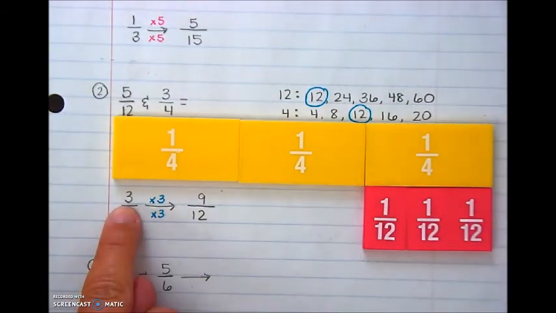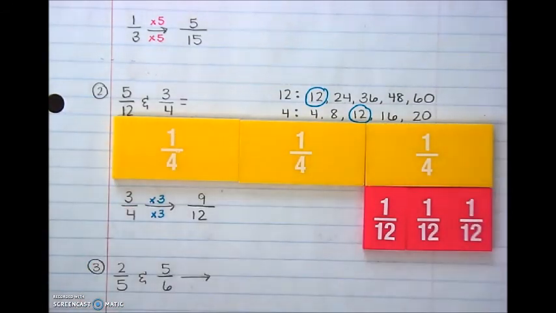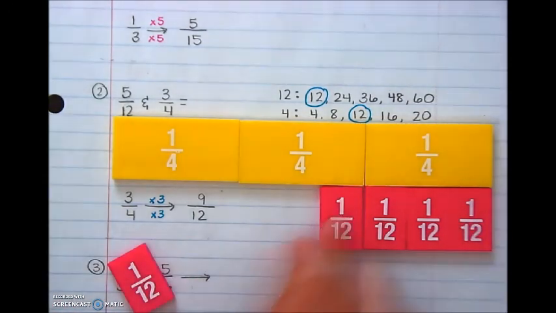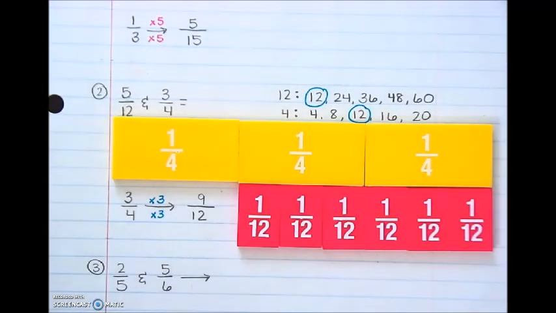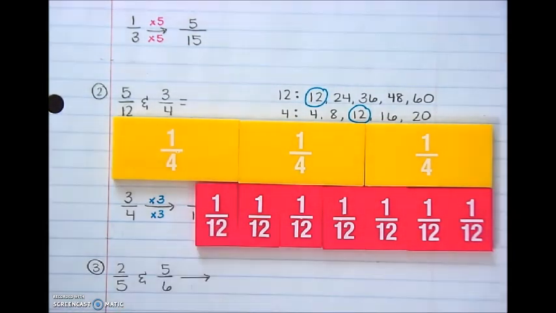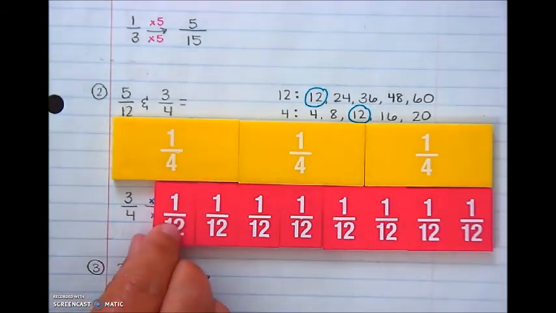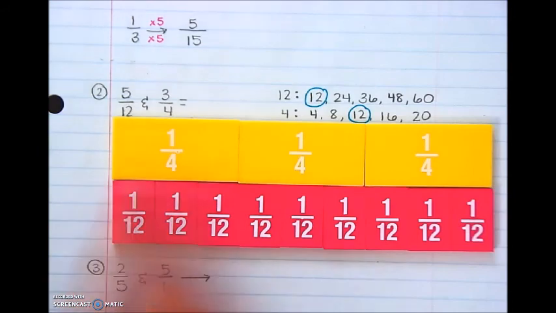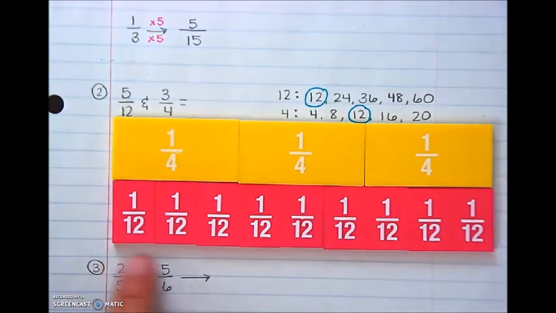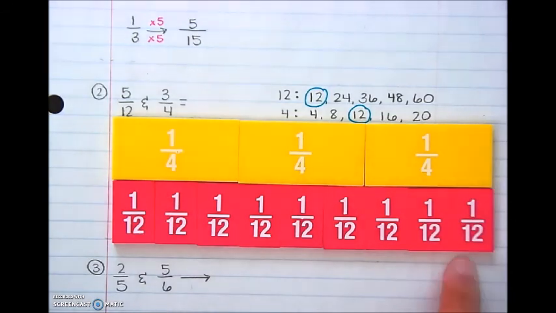So if I had 3 full 1/4 pieces, I needed to multiply each of those by 3, which tells me that my equivalent fraction is 9/12. As you can see from lining up these pink pieces, those 3 yellow 1/4 tiles line up perfectly with 1, 2, 3, 4, 5, 6, 7, 8, 9 pink 1/12 tiles.